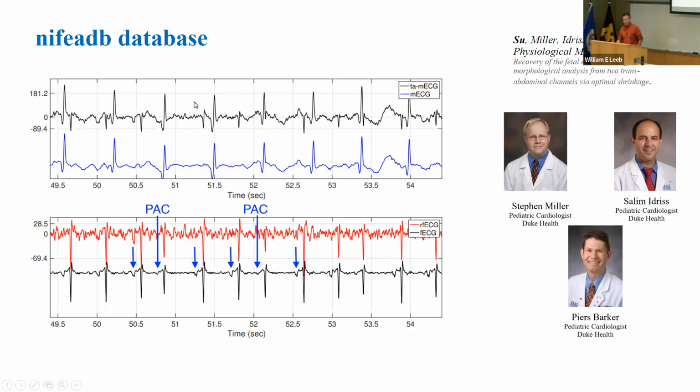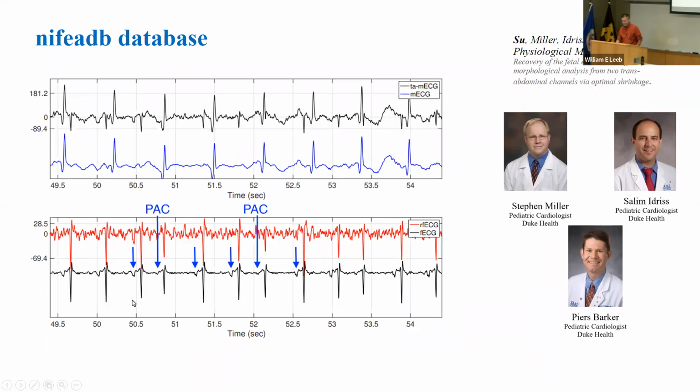We also cooperated with the doctors at Duke University, and we published the paper in 2019, to see if we can also recover the arrhythmia case. This is the recovery of the arrhythmia called premature atrial contraction. You can see here the P wave amplitudes are different, right? Here there's a bigger amplitude, here's a smaller P wave amplitude.